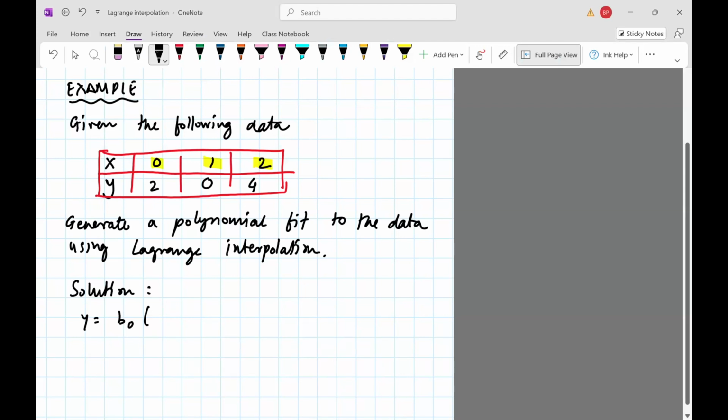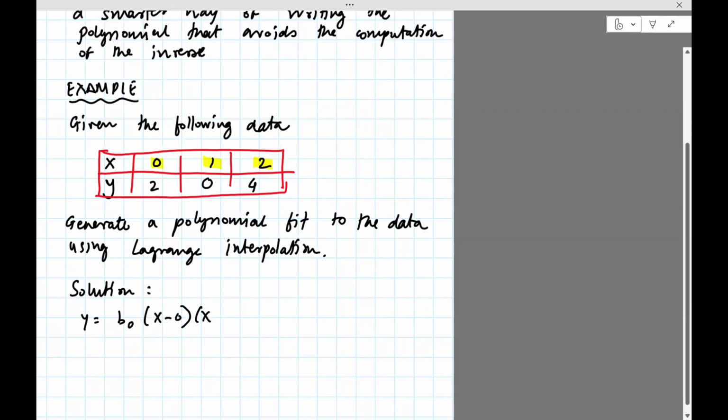What I mean by that is, so we have x minus 0, x minus 1, x minus 2. So we took 1 and 2. So remember, we need all combinations expressed as a polynomial of the values of x up to order n. So 1 and 2 will give me x minus 1 times x minus 2 plus b1.